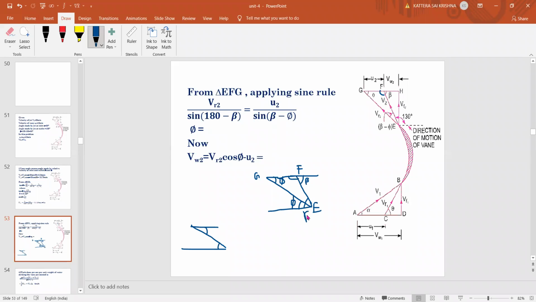This will be beta. For this horizontal line, at both sides this angle and this angle will be the same, so beta here and beta here. Similarly, for this line, this one is phi and this one is phi. So what is the angle left between these two lines? That total is beta minus phi. So same thing which is written here, beta minus phi. Directly you can remember it, or if you don't know, you can solve it like this.